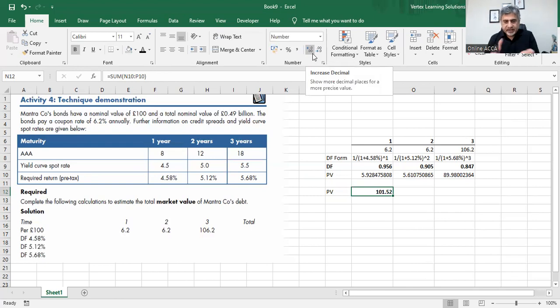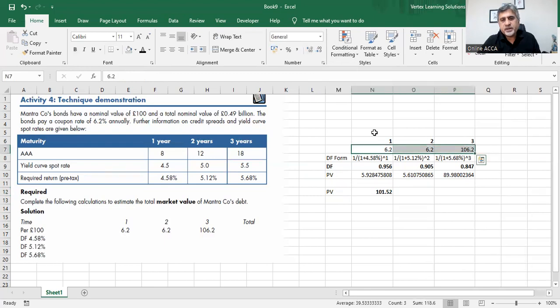If I say that this is a bond, what is its market value? So you will say the market value is equal to the present value of the future cash flows. So what are the future cash flows? 6.2, 6.2, 106.2. And then you multiply it with the discount factors, which you just calculated in 3 decimal places.